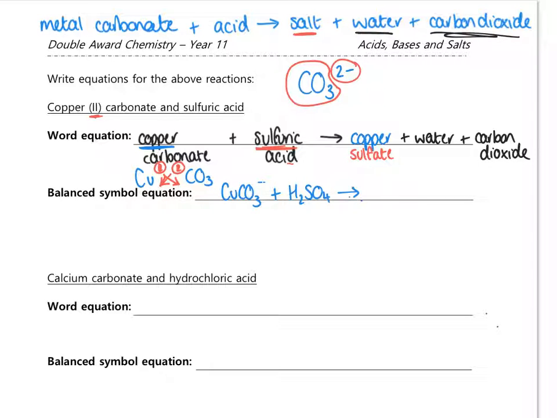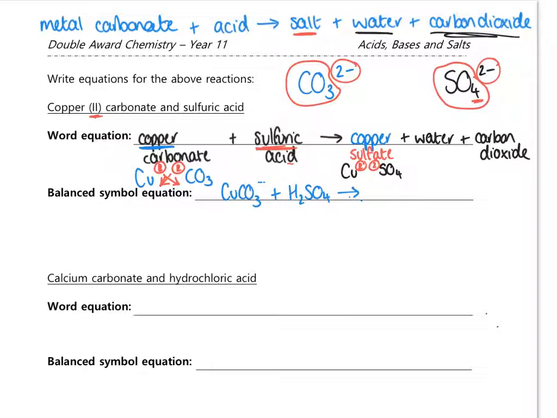And copper sulfate we need to do our swap and drop for. So copper again is Cu, sulfate is SO4, as we've seen with previous reactions, so it's SO4 2-. First thing I do is write down everything bar the charge, so that's SO4. I then get my valency from the charge, which is 2-, so my valency is 2. Again, my valency of copper hasn't changed, so it is 2 also.